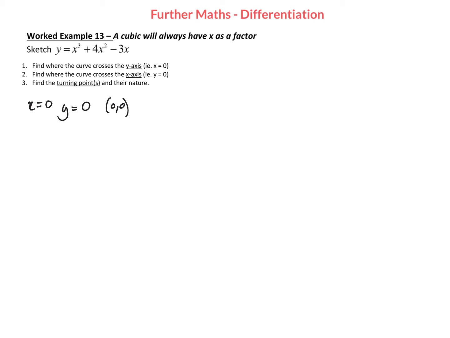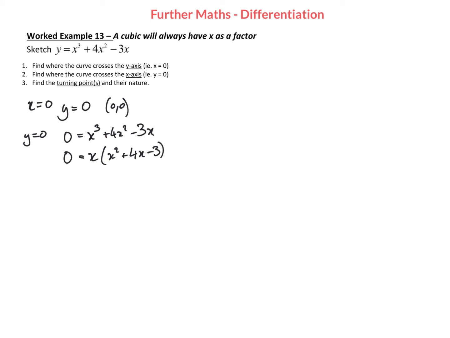Where it crosses the x-axis, when y equals 0, we get that 0 equals x cubed plus 4x squared minus 3x. And that looks quite tricky until you see that actually you can take x out as a factor: x squared plus 4x minus 3. Now again, I'm not sure how to factorize this.